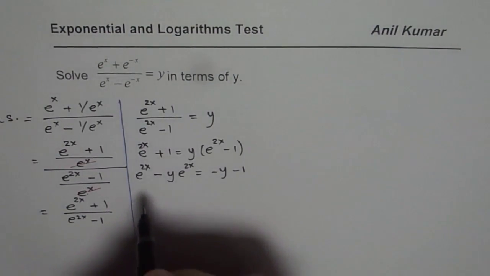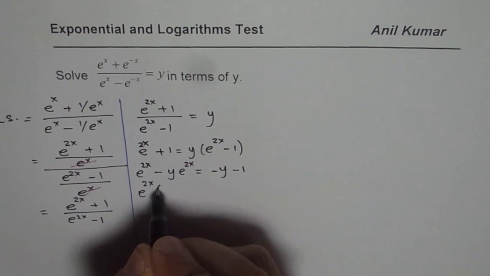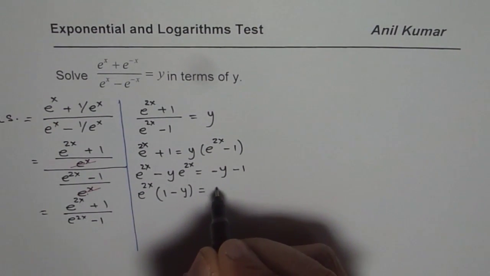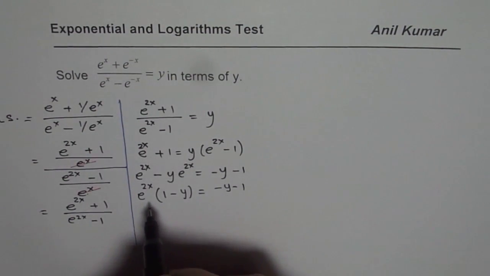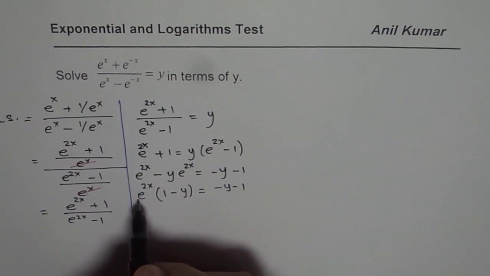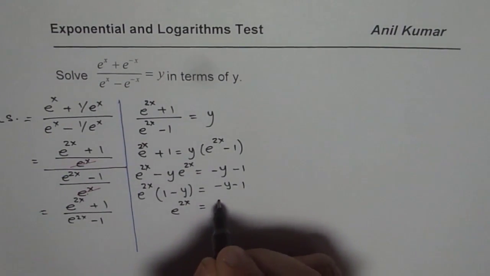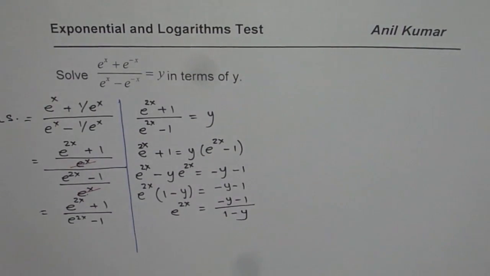Now here I can take e^(2x) common, so I get e^(2x) times (1 - y) = -y - 1, and then we can solve for e^(2x). So we get e^(2x) = (-y - 1) / (1 - y), correct?